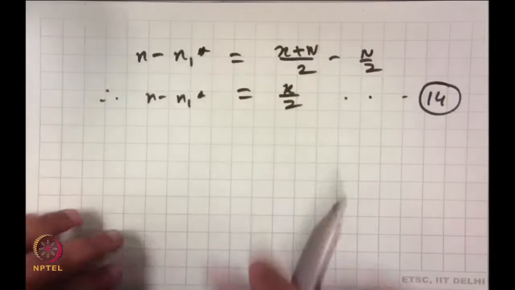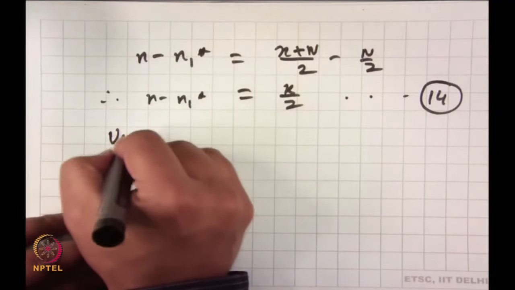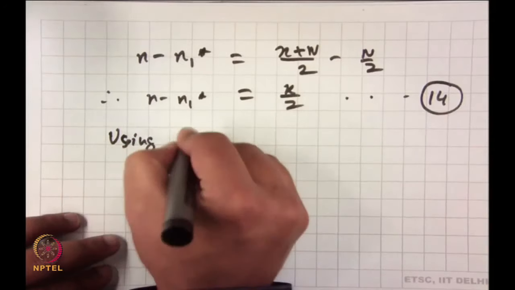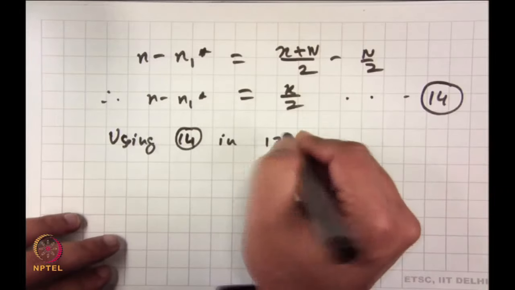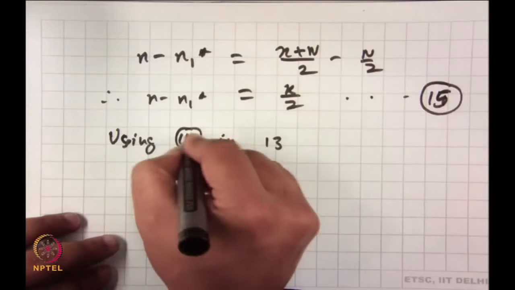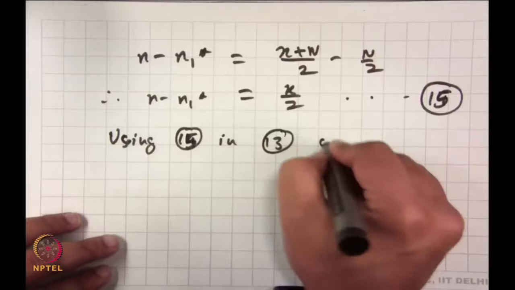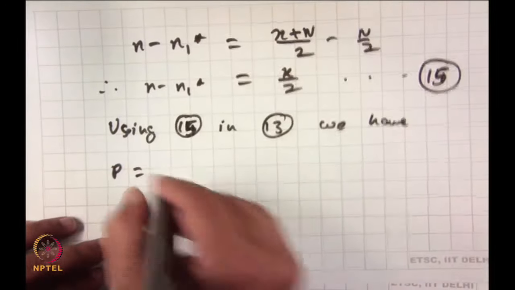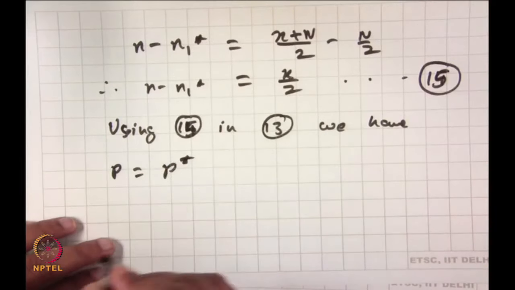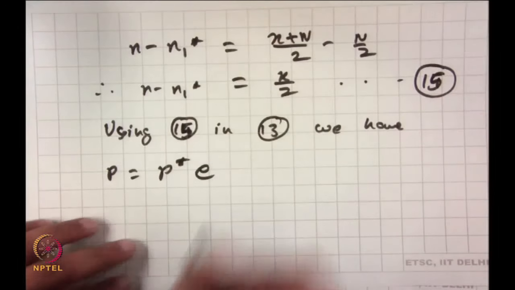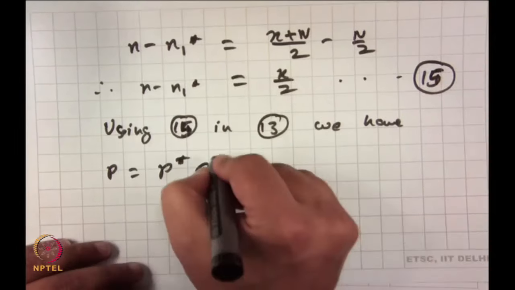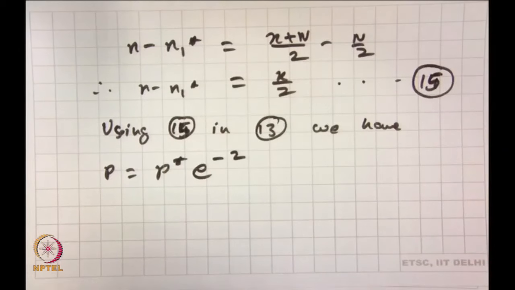So what will happen is therefore, using 15 in 13, we have P is equal to P star e to the power minus 2, this is n1 minus n1 star, then whole square, right.